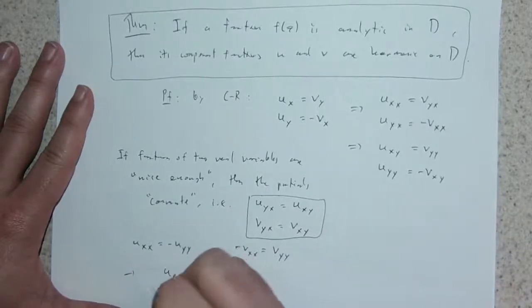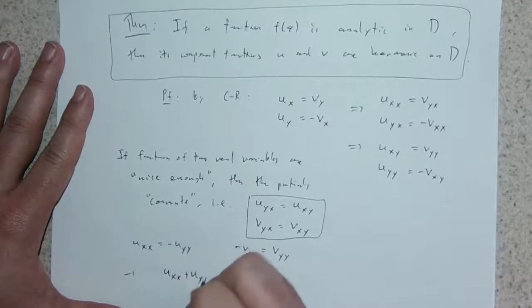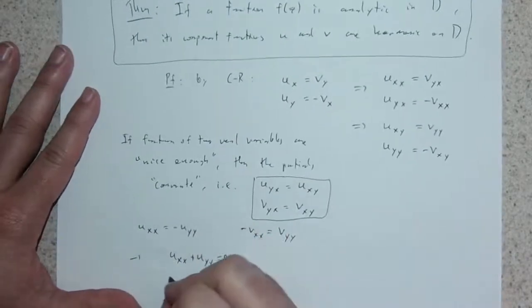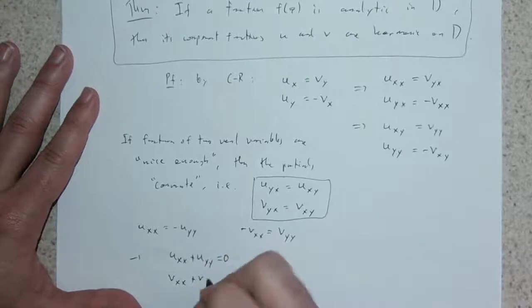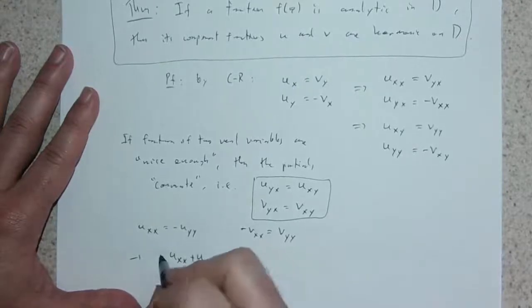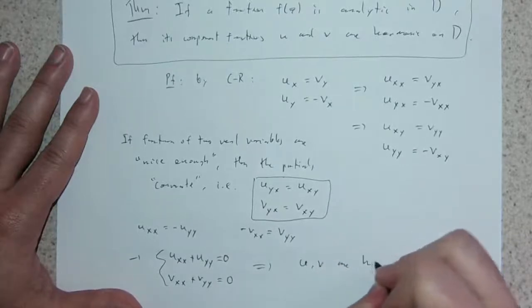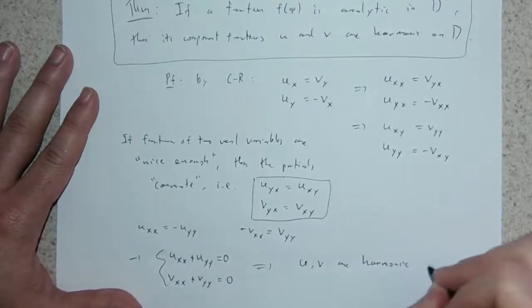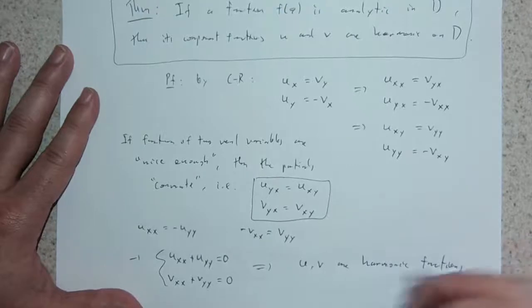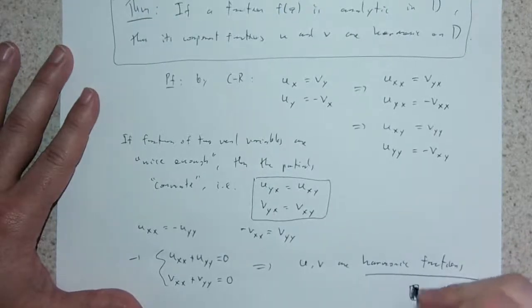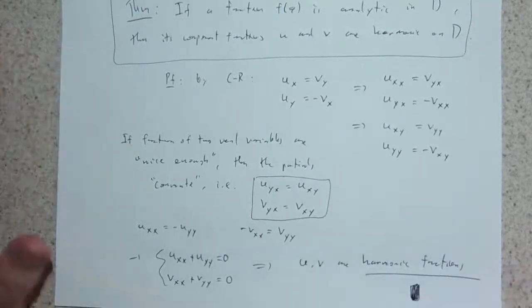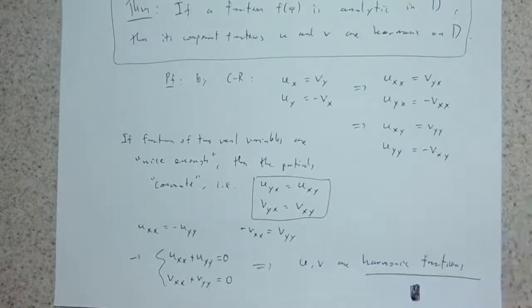So u sub xx plus u sub yy is equal to 0, and v sub xx plus v sub yy is equal to 0. So u and v are harmonic. Basically, this is just some bookkeeping with using Cauchy-Riemann and being careful with the substitution that has to happen.